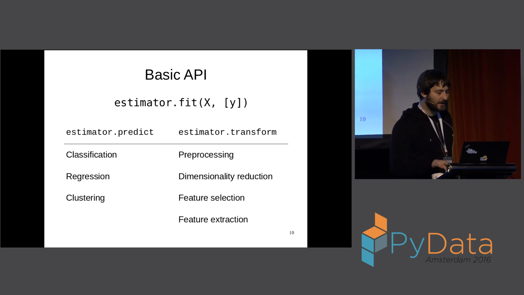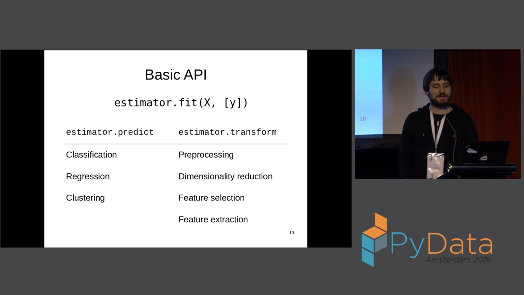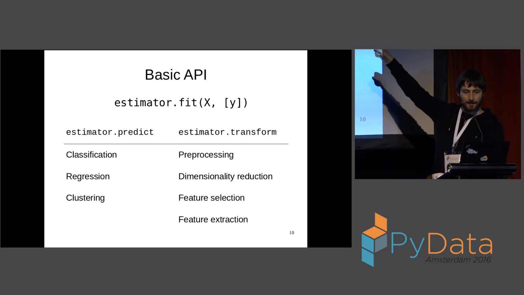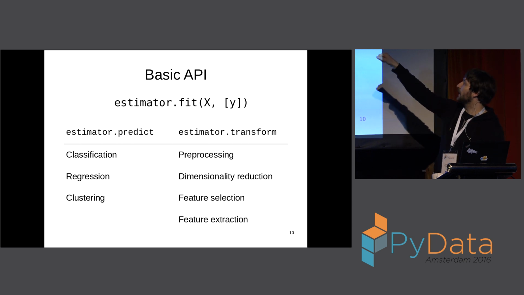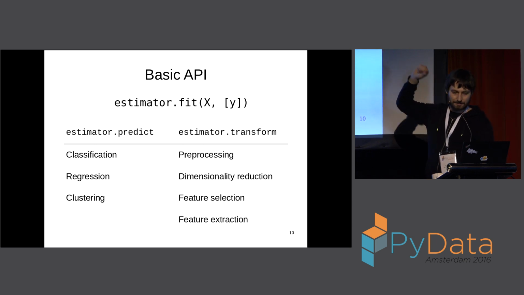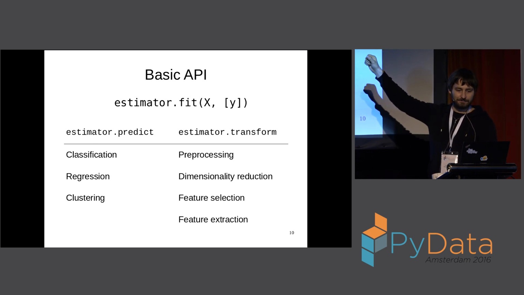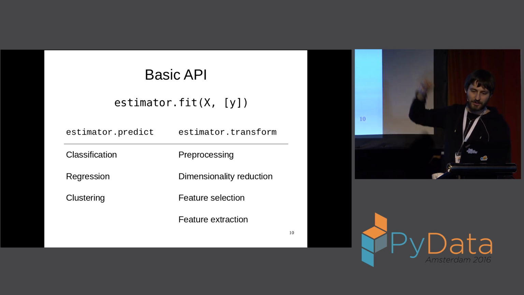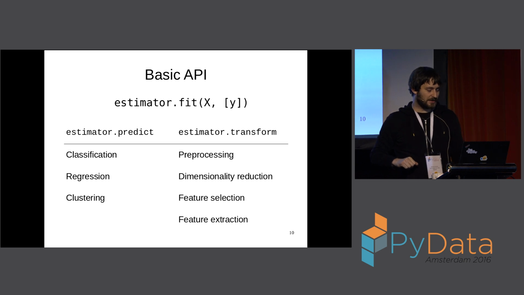So here's a summary of basically most things that are important of the basic API of Scikit-Learn. All the models have a fit method, where the first parameter is the data x, the training data. And if it's a supervised model, there are also training labels or training targets y.